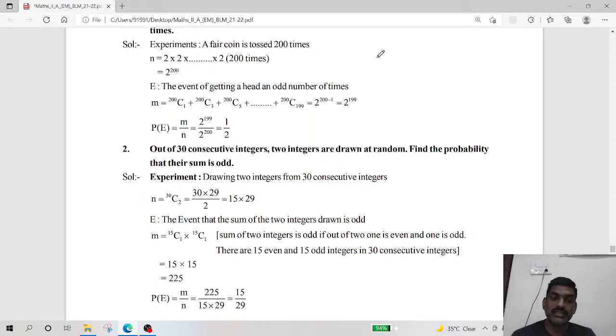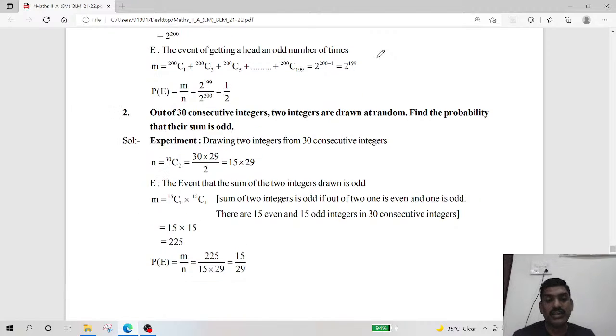So when do we get the odd sum? One should be even, one should be odd. 15 even numbers are there, one selected in 15 ways, and 15 odd numbers are there, one selected in 15 ways. So 15 times 15, 225. Favorable outcomes are 225, and the total number of outcomes is 15 times 29.